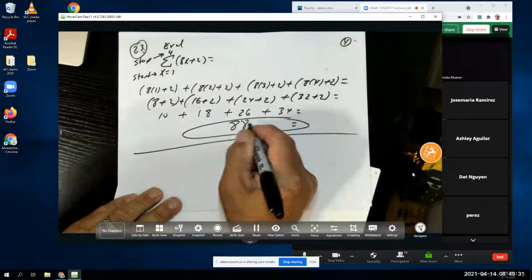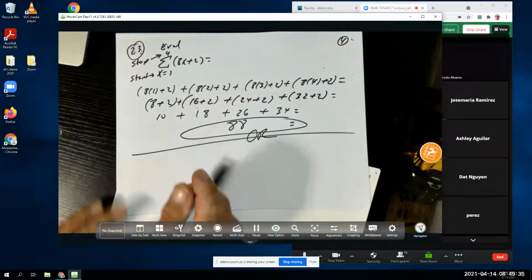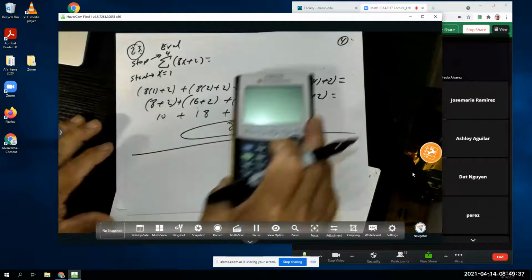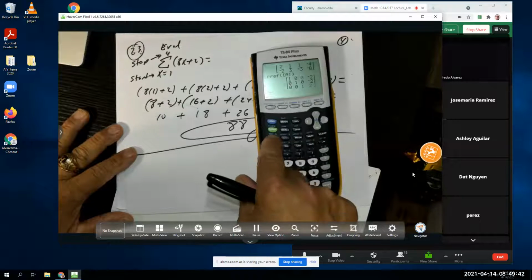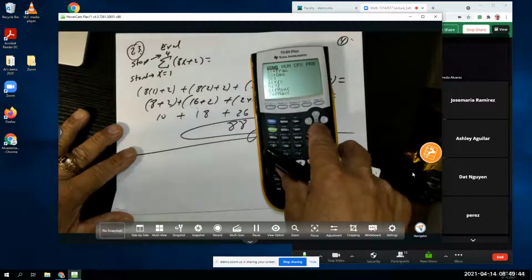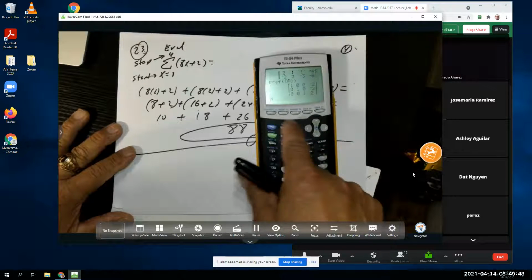Okay. Or another way to do it is you just go to your calculator. Let me see how to do it right now. Math, and go down to see summation. There it is. I saw it. We can do it again.